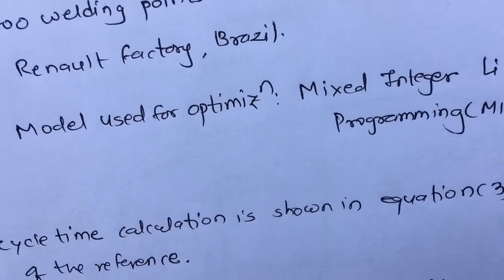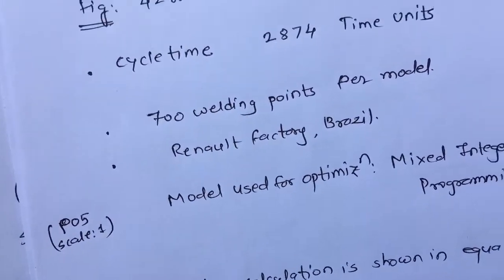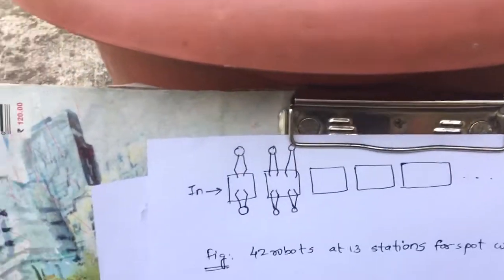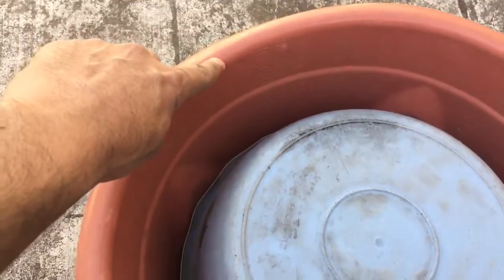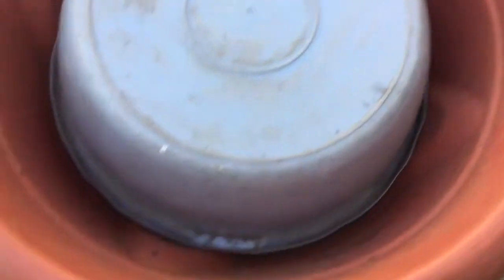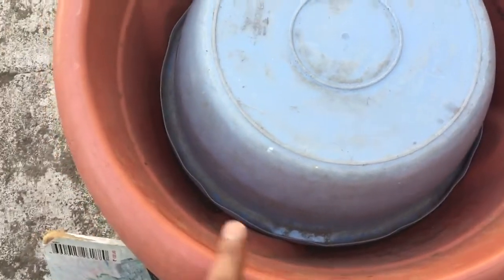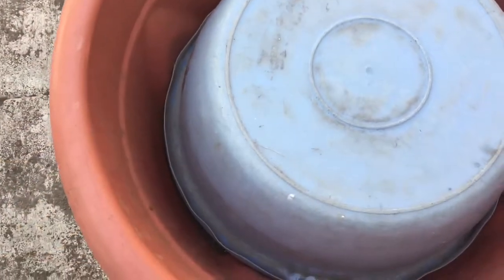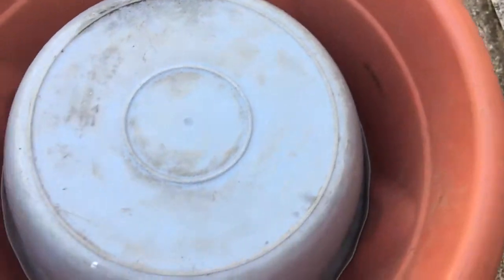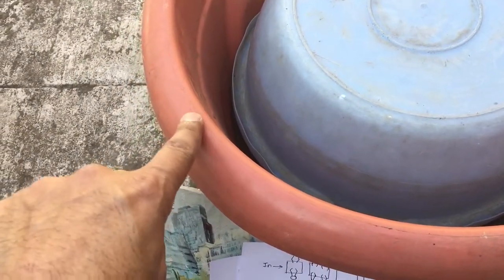Now what I wanted to discuss with you is, just imagine that there are points to be welded over here. For example, let us look at this particular part. Imagine that these points are there up to this one, and then this is another set. It is possible that of the two robots present there, robot 1 can spot weld these particular points and robot 2 can spot weld these particular points. It is possible that robot 2 can also spot weld these particular points.